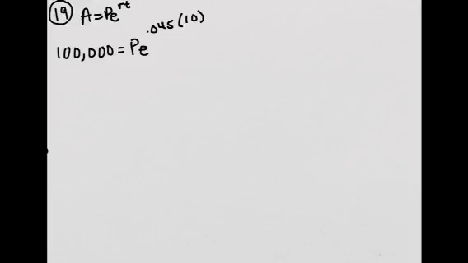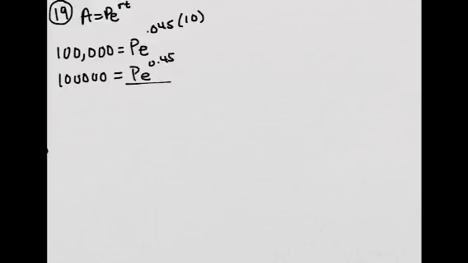So for 19, we need to find the initial investment, the P value. So I already substituted the other variables. So this is going to give me 100,000 equals P times e to the exponent. I'm going to simplify the exponent, so that gives me 0.45.